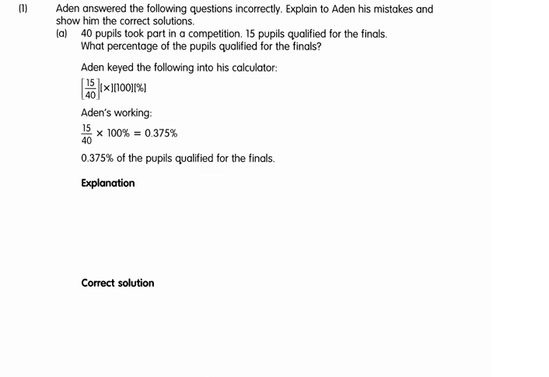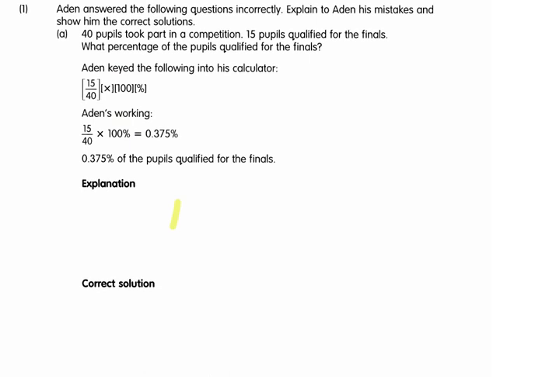But when you key into the calculator, what are you not supposed to do? You are not supposed to use the percentage sign, right? This part is the part that is wrong. Remember right at the start, I already told you do not key in the percentage, right? So that's the reason why.